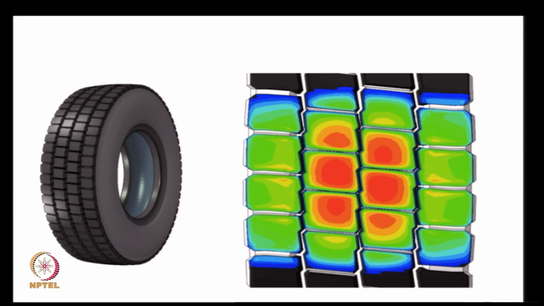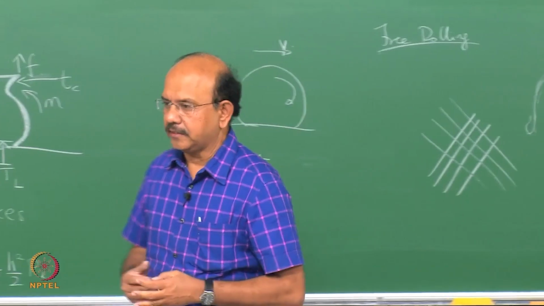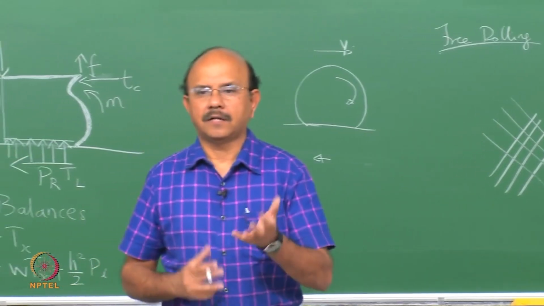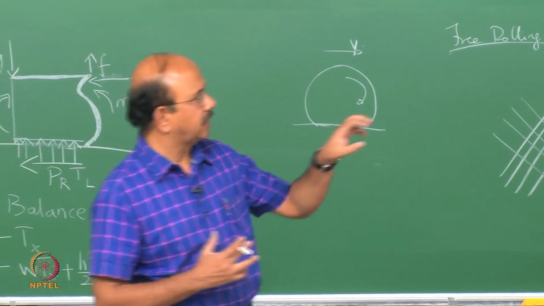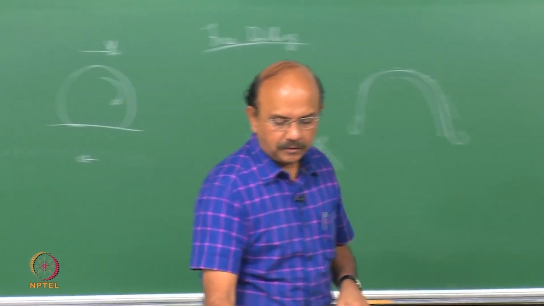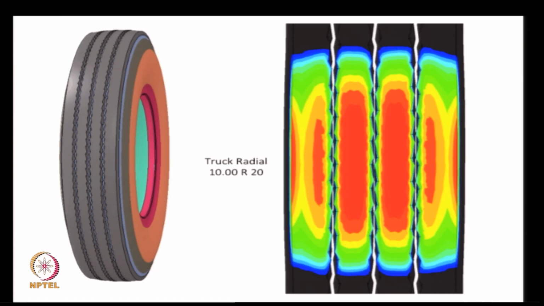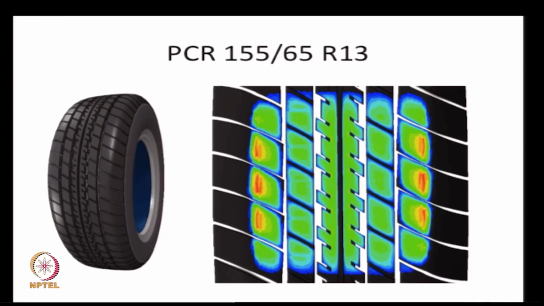But in a passenger car, you can't have 2 different types of tires. So you have tires which are a combination or a hybrid of these 2, which you would call all-wheel tires. All-wheel tires are a combination of this kind of lug pattern and a rib pattern. So you would see that a passenger car tire is sort of a combination of these 2.